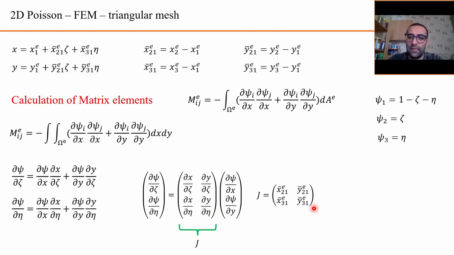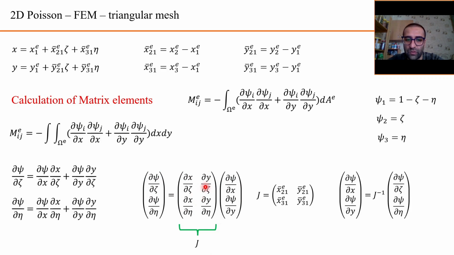Now, because we are interested in writing the derivative of the shape function with respect to x as a function of the derivative of the shape function with respect to zeta, all we need is to calculate the inverse of this Jacobian. Once we calculate the inverse of this Jacobian, the derivatives of psi with respect to x and y will be a function of the derivatives of psi with respect to zeta and eta.